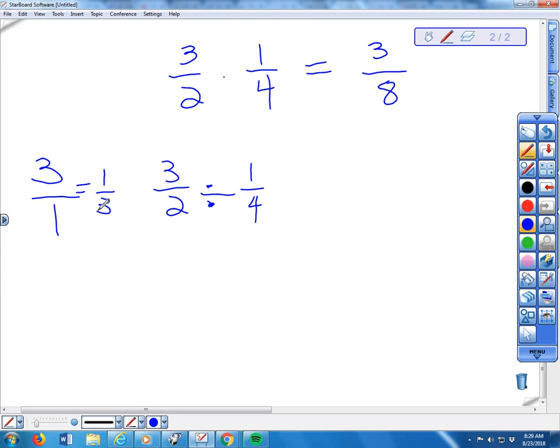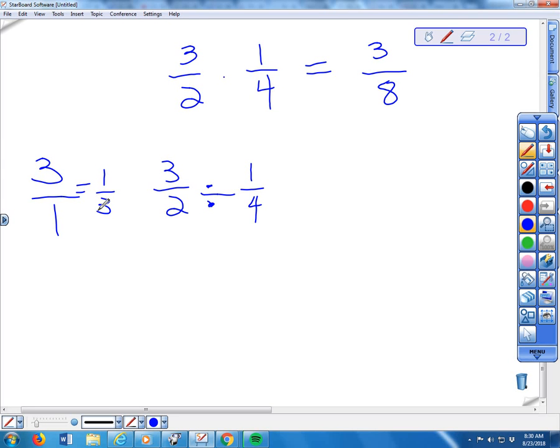So let's go back to the mantra I want to get in your head, because I want you to know this all the way through high school, because you're going to get a lot of more complicated expressions that have fractions in denominators. I want you to always remember, to divide by a fraction, you multiply by the reciprocal. And we know how to multiply fractions, so if we can get it into a multiplication problem, it makes it so much easier.